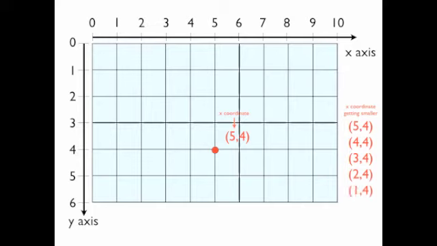If we were to make the x-coordinate get smaller, what would happen to this pixel? In which direction would it travel? Okay, if you said it would travel to the left, you'd be correct.